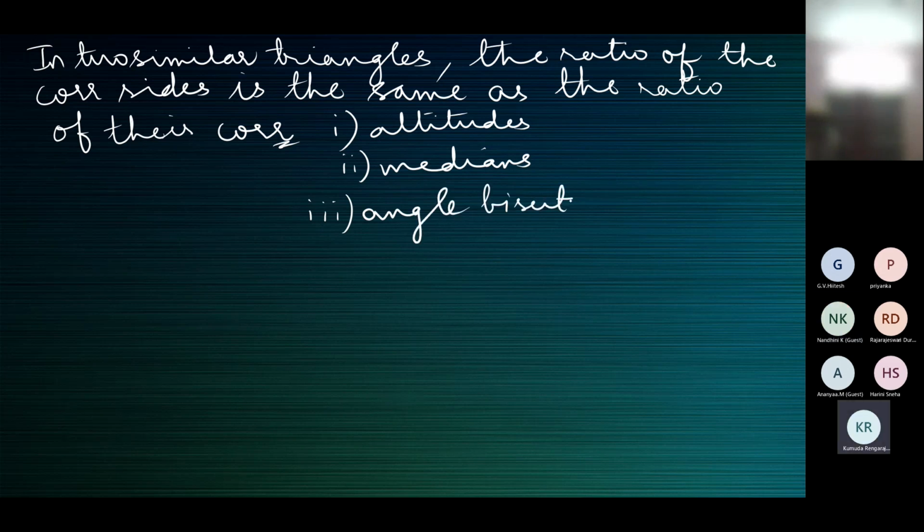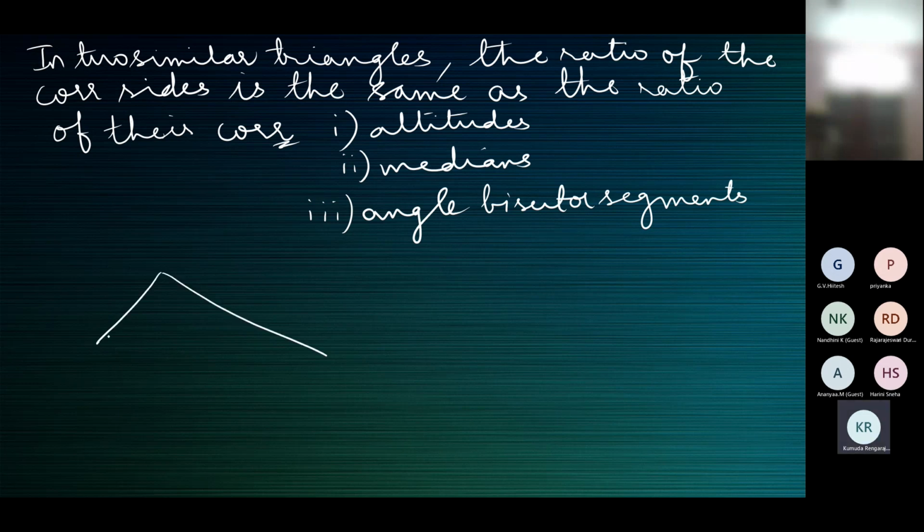Angle bisector segments is nothing but the bisectors of the angles. Altitude is a line segment, median is a line segment, angle bisector is a line segment.